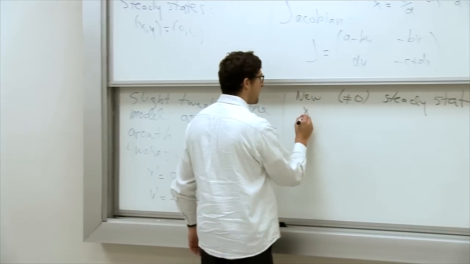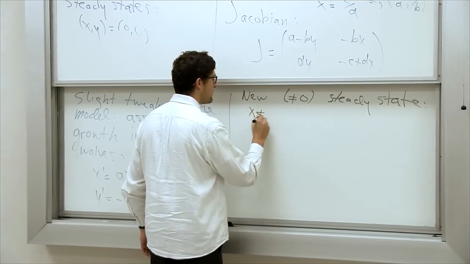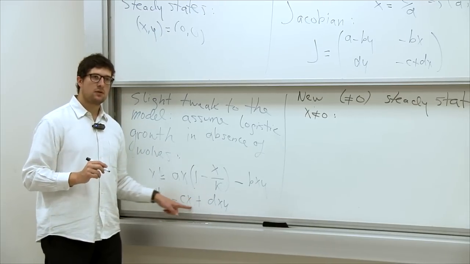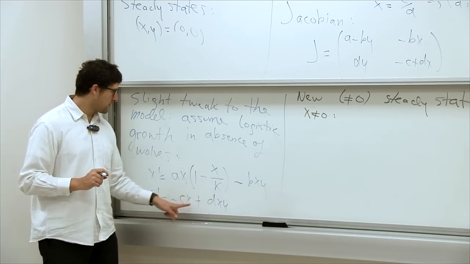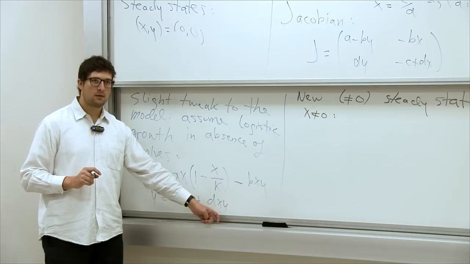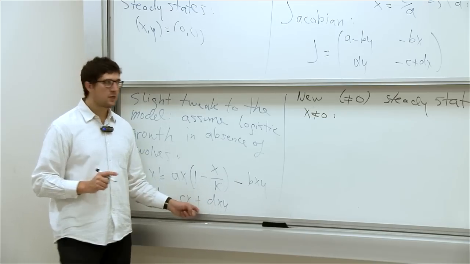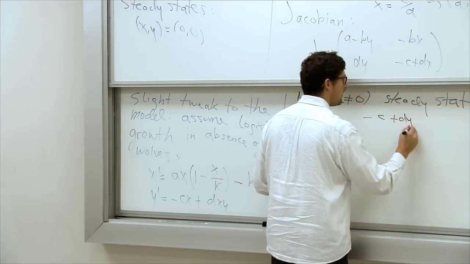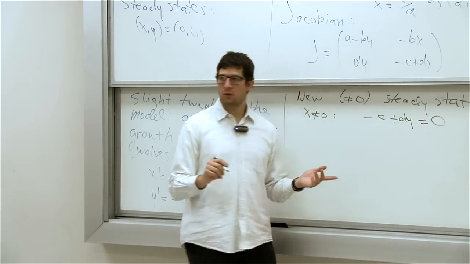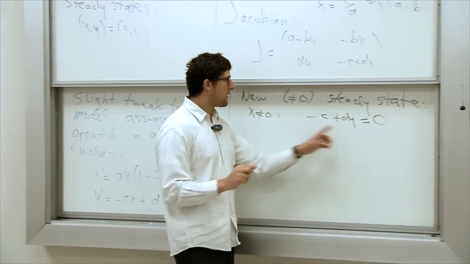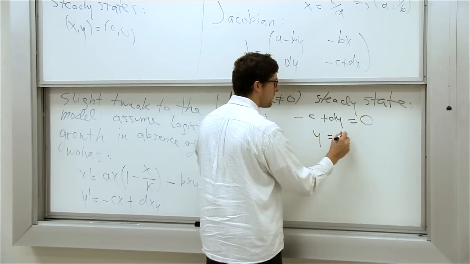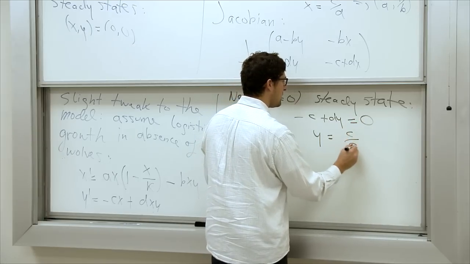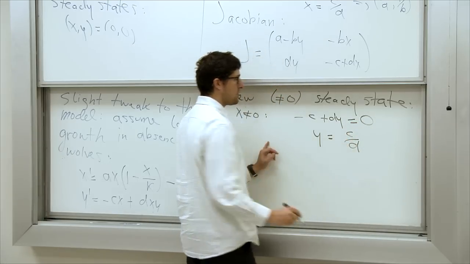Well, since x is different from 0, we have that this is equal to 0, and this is x times something, minus c plus dy. Because x is different from 0, minus c plus dy must be equal to 0. You agree? Okay. That means that y is still equal to c over d, just like before, okay?